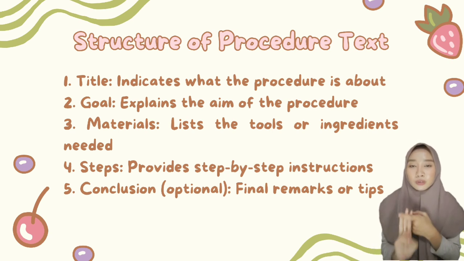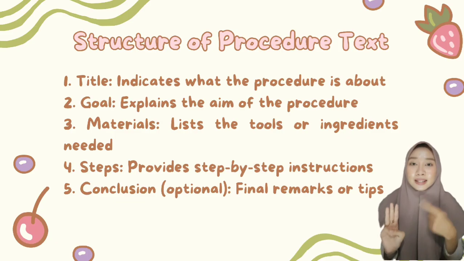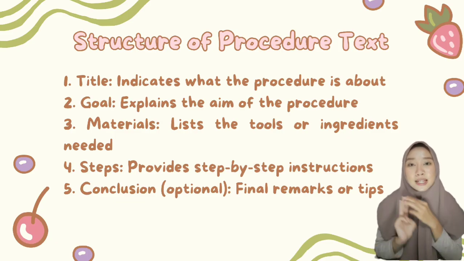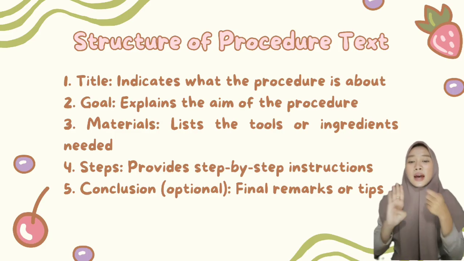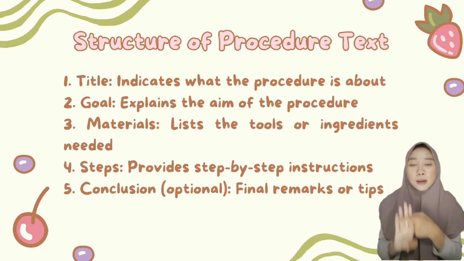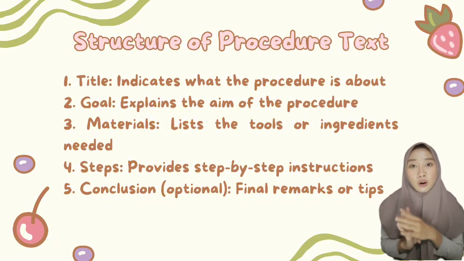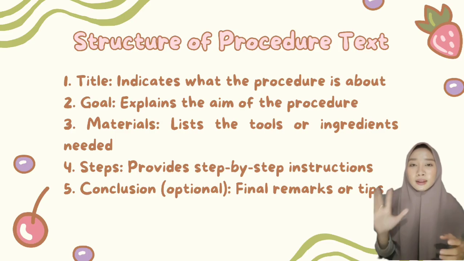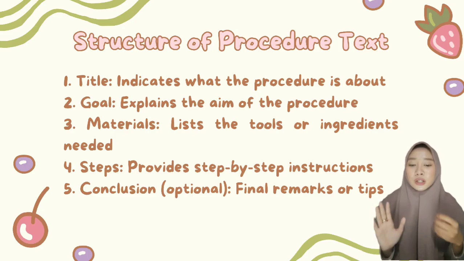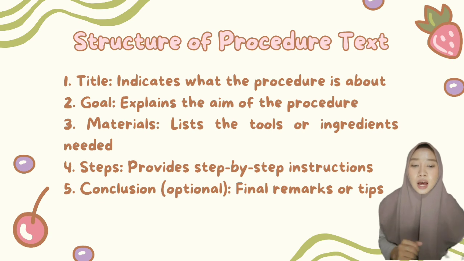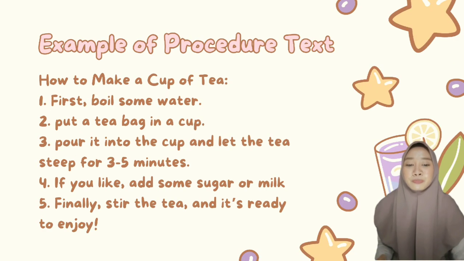Number 3, we list the materials needed, whether it's ingredients for a recipe or tools for assembling furniture. And then comes the most important part, the steps, which provide instructions in the correct order. And the last one is the conclusion. Some procedure texts also have a conclusion, which gives extra tips or final advice.